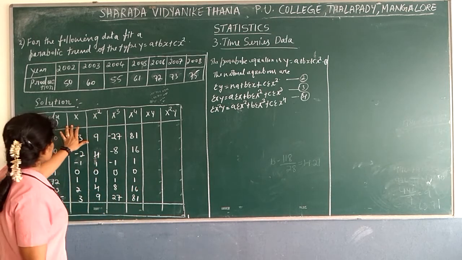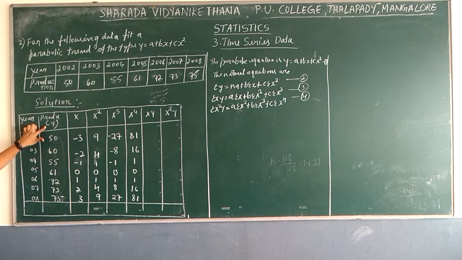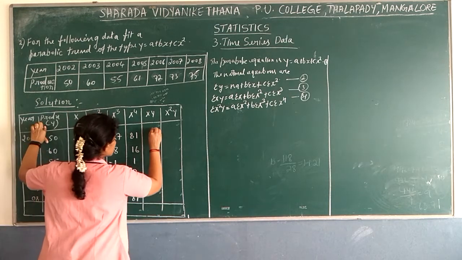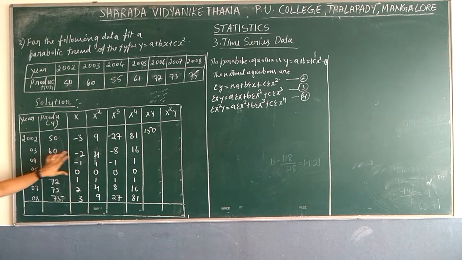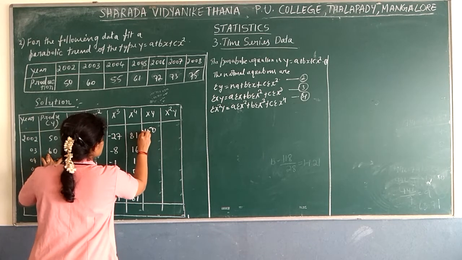Now x into y, production 50 into 3, 0, 1, 50 and 2 into 60, that is we get here minus value.